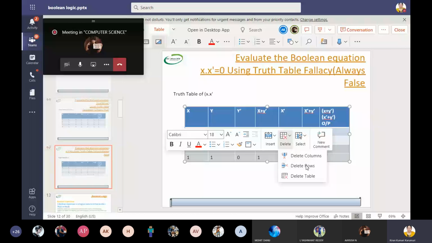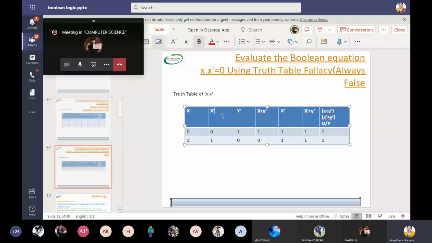So now इसका complement होगा. What is the complement of 0? 1. What is the complement of 1? 0. Now X dot X dash: 0 and 1 is 0, 1 and 0 is 0.